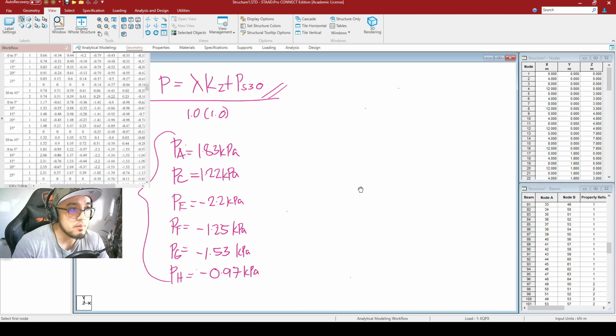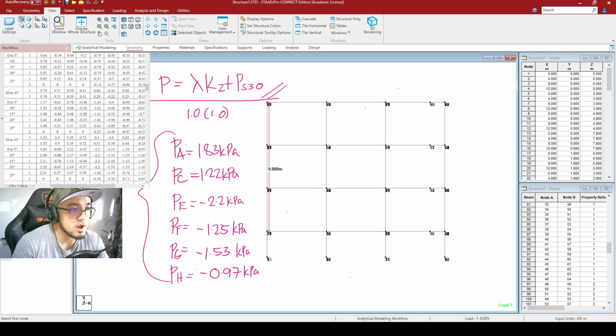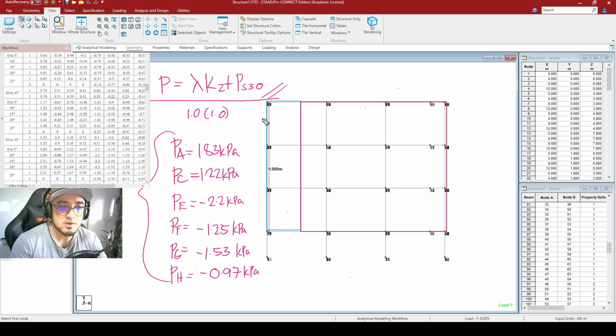If you can remember, this particular portion right here is to be for your zone A, and this is to be for your zone C, this particular area right here from the ground floor up. So the next thing that we will be solving for is the value for this particular dimension right here, and this is to be your value alpha, since you don't know how many meters this dimension is.